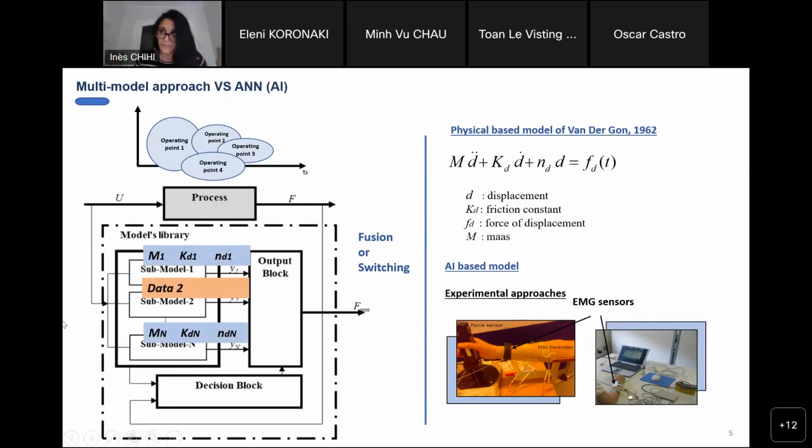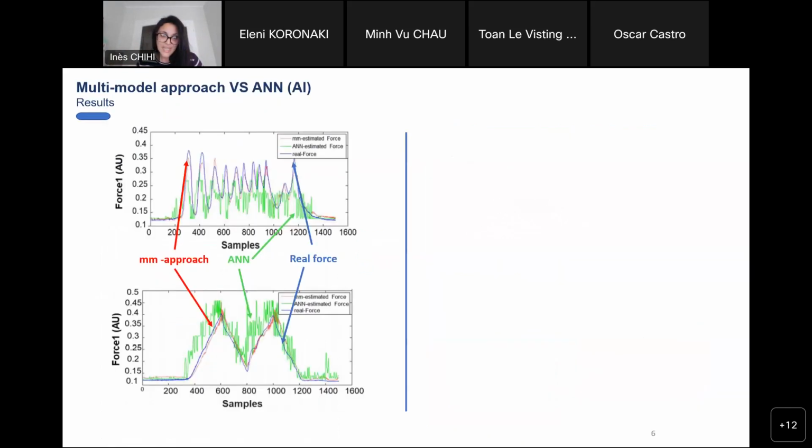The first model could be based on a physical model, but the second one could be based on the data. So I can mix them to take the advantage of the physical model, but also the advantage of input-output models. So here are some examples of the multimodal approach for the first estimation.